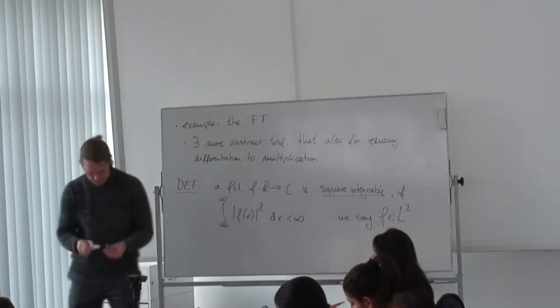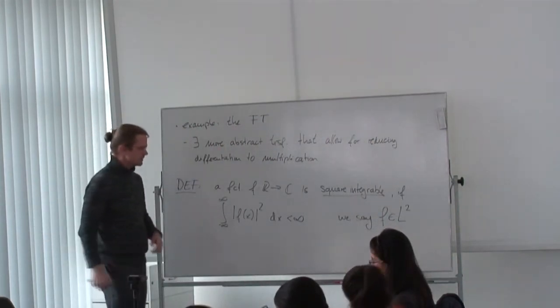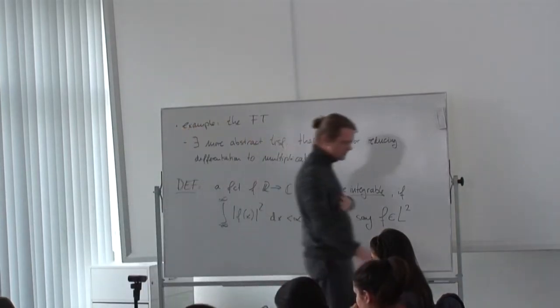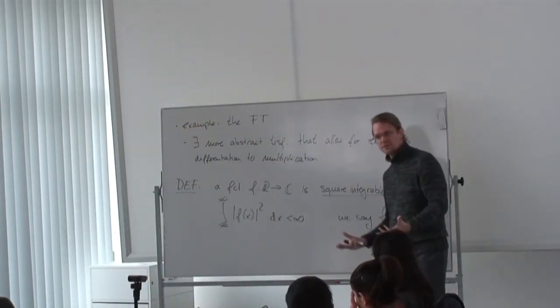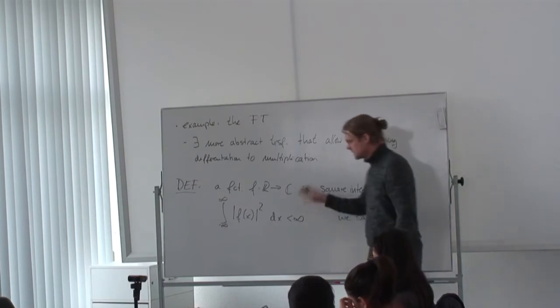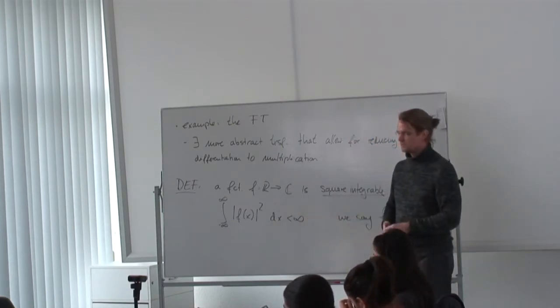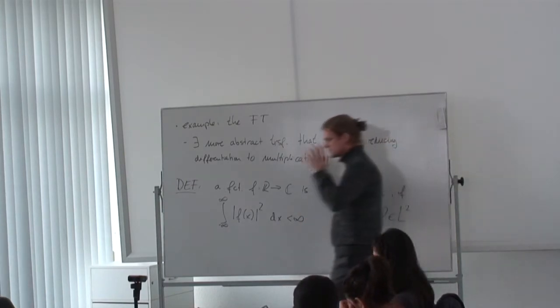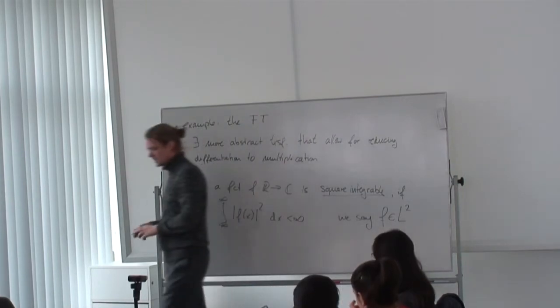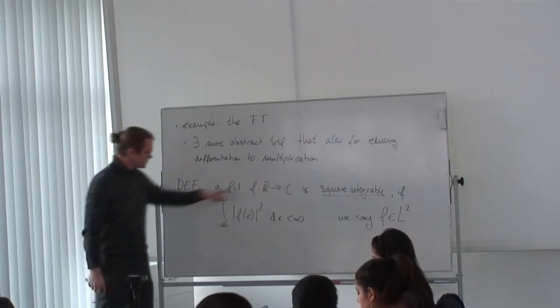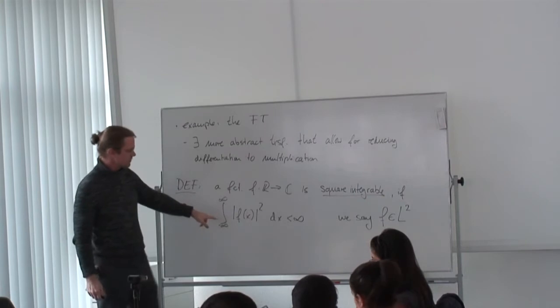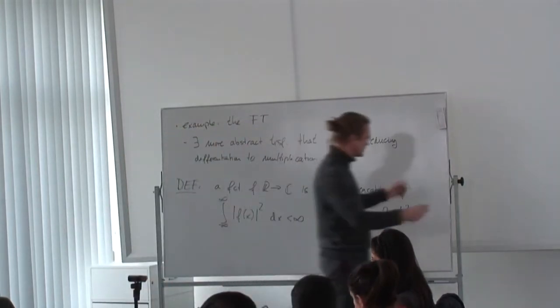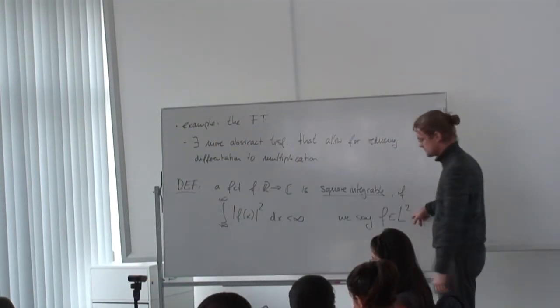And by now we should be familiar with the idea that we can introduce mathematically abstract concepts, and that these concepts define sets. We have talked about vector spaces and groups, which are very abstract kinds of sets. Now we are talking about all the functions that are square integrable, and we call the set of all square integrable functions L2.